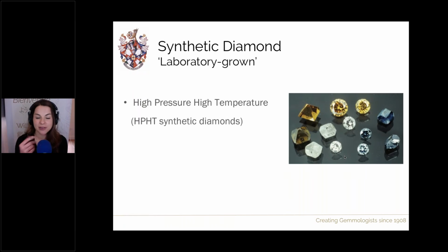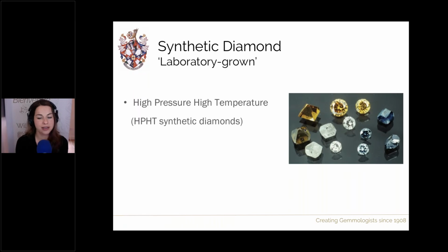These were created originally for industrial purposes, but in the 1980s we were able to create gem quality HPHT synthetic diamonds. But at first, gemologists and the trade in general didn't worry about these stones, because the first of these stones were yellow, brownish yellow, really intense colors, and often were full of metallic inclusions. So they weren't that hard to identify.